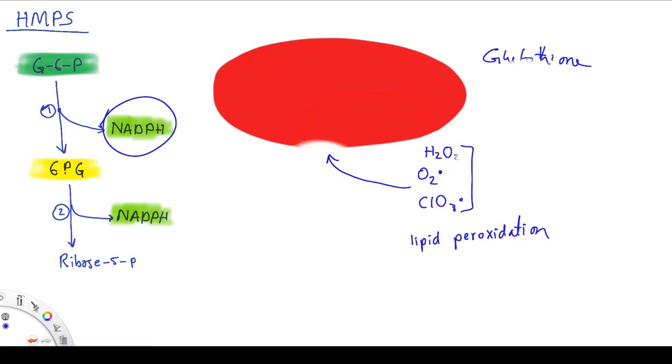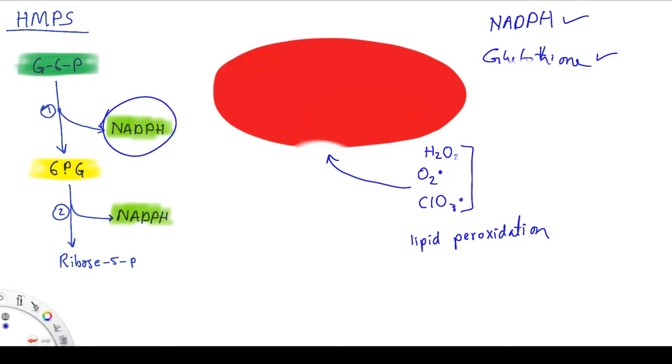So for protection against free radicals, what do you need? You need NADPH and glutathione. Directly you need glutathione, but glutathione needs what? NADPH. Glutathione exists in two forms, although it's not significant, we don't care for it now: oxidized form and reduced form. Those of you who took organic chemistry know oxidation and reduction.